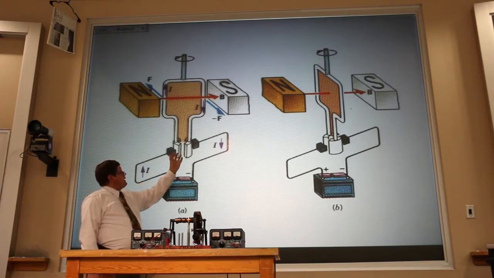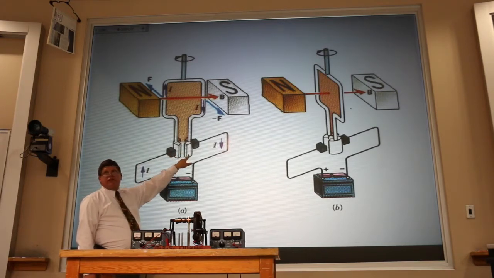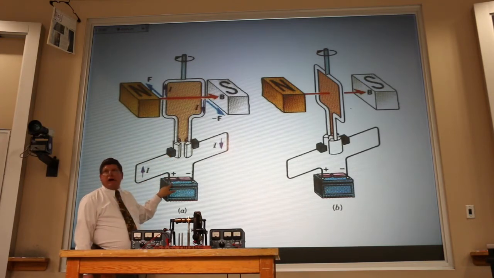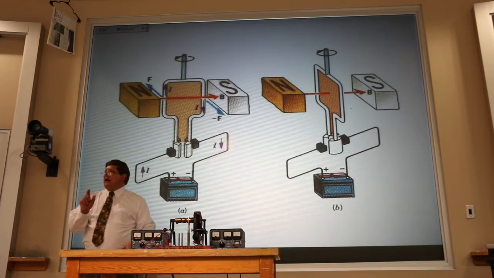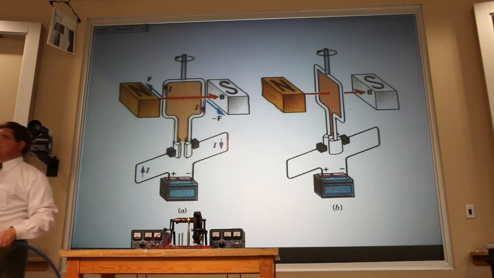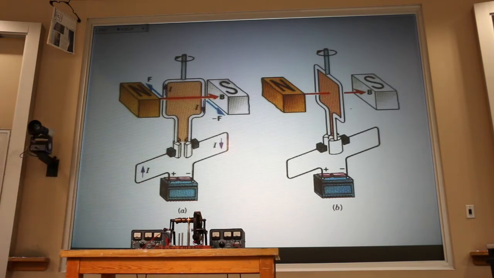And then, when it turns half a turn, this side of the coil will be touching the lead that goes to the positive. And so, every half turn, I'm going to reverse the current through the loop. And we set it up so that that's just at the right time to keep my dipole, my little compass needle, always needing to line up.